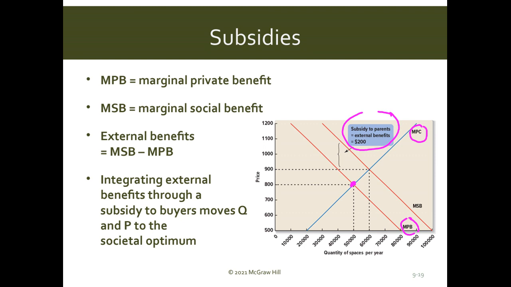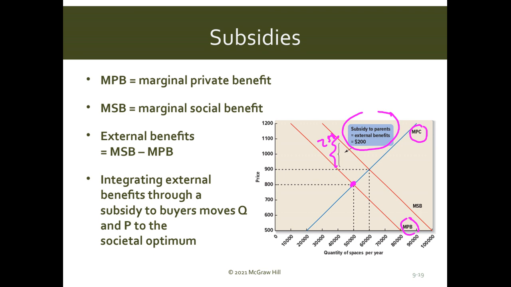What would happen? Of course, these benefits will increase. So the marginal private benefit will shift by this amount, and this amount is 200. So the whole curve will shift upward by 200.